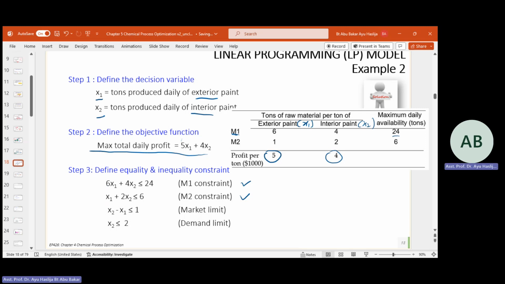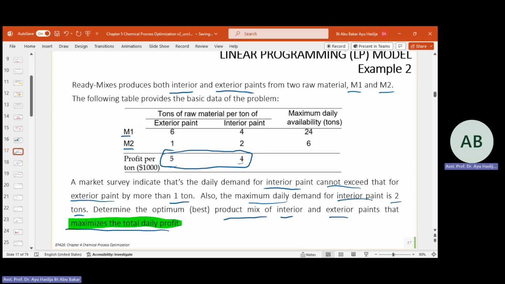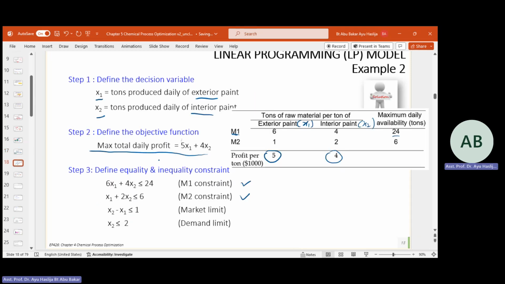Now, constraint from the statement mentioned. A market survey indicates that the daily demand for interior paint cannot exceed exterior paint by more than 1 ton. Okay, interior x2. x2 cannot exceed x1 by more than 1 ton.